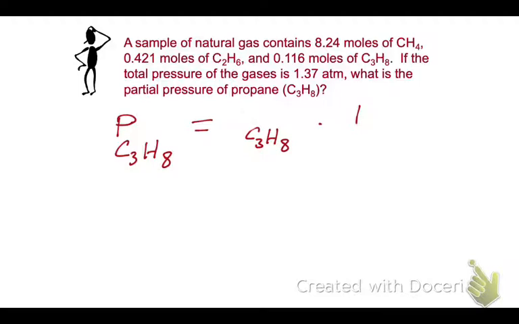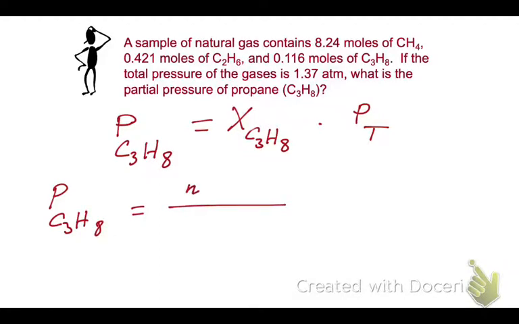I meant to say the mole fraction of propane times the total pressure. Okay, so the partial pressure of propane equals, what is the mole fraction of propane? It is moles of propane divided by total moles in the mixture, times the total pressure.